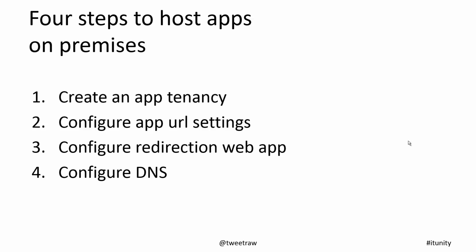Step number 1, you have to create an app tenancy. We'll see what that's like, but there are 2 service applications that need to be created in your farm. You have to create, number 2, the app URL settings. Okay, we'll see how to do that. It's very simple. You can do that either in PowerShell or in central administration.